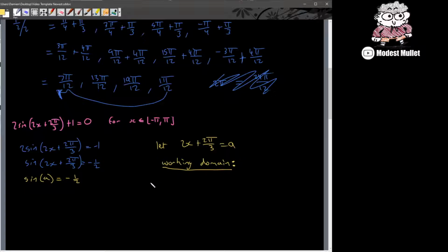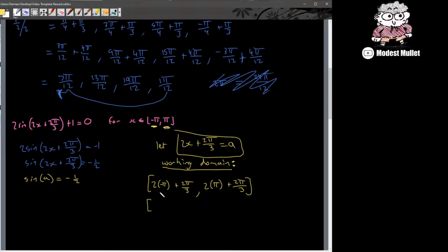So subbing negative pi in, we get 2 by negative pi plus 2 pi on 3, comma 2 by pi plus 2 pi on 3. So I've just substituted negative pi and pi into our conversion equation.